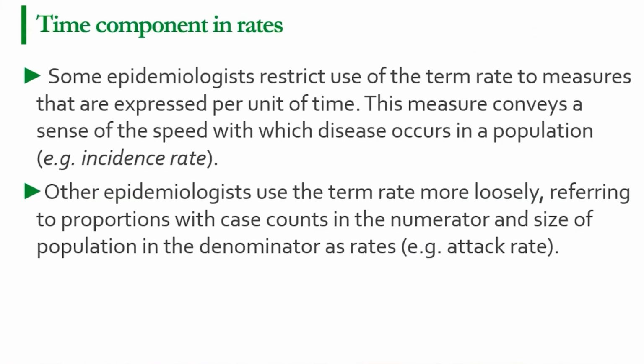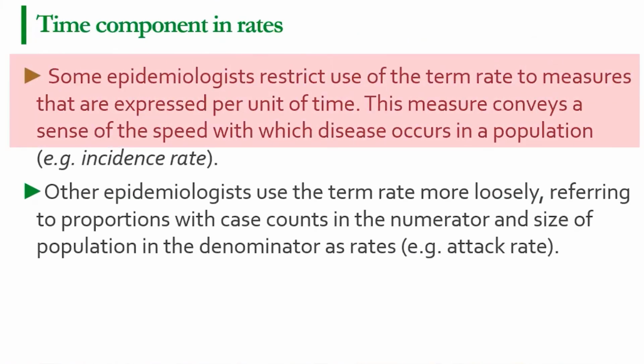The time component in rates is actually a debated and controversial issue among epidemiologists, where some groups restrict the term rate to be used only when it's expressed per unit of time. If we think in this sense, it's a measure of the speed of a disease spreading into a population.